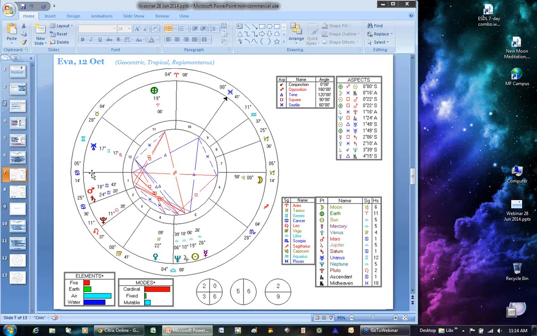From a personality perspective, you may be asking yourself, why would she be talking about personality when the ascendant is the representative of soul purpose?